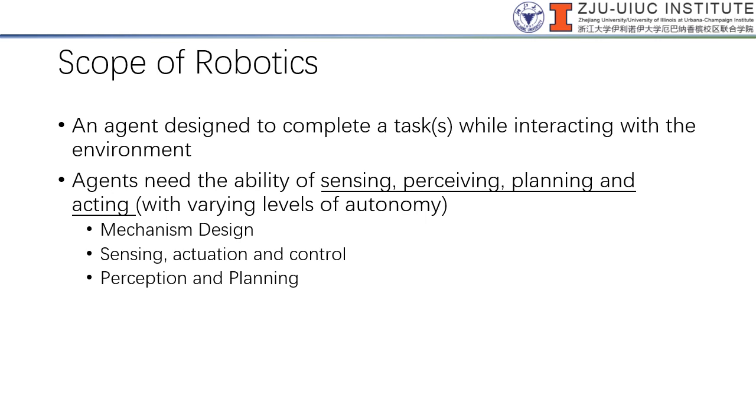You're going to understand the mechanics of robotics, which will help you better design the mechanism. You will need to understand the sensory and actuation system: how the robot senses the environment and acts on the environment.